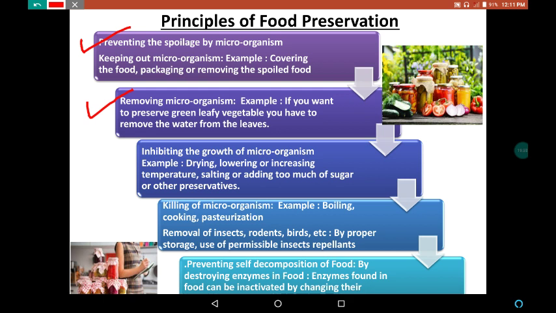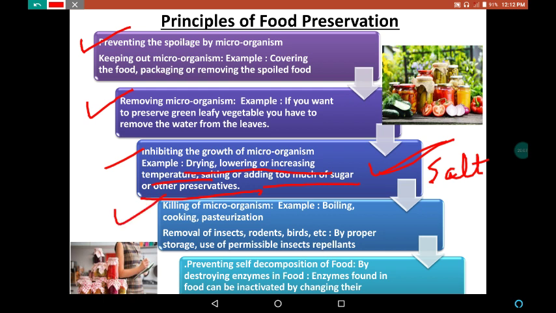Then inhibiting the growth of microorganisms, for example drying, lowering or increasing temperature, adding too much sugar or other preservatives. Some natural preservatives can be added, like salt and sugar. They can inhibit the growth of microorganisms.